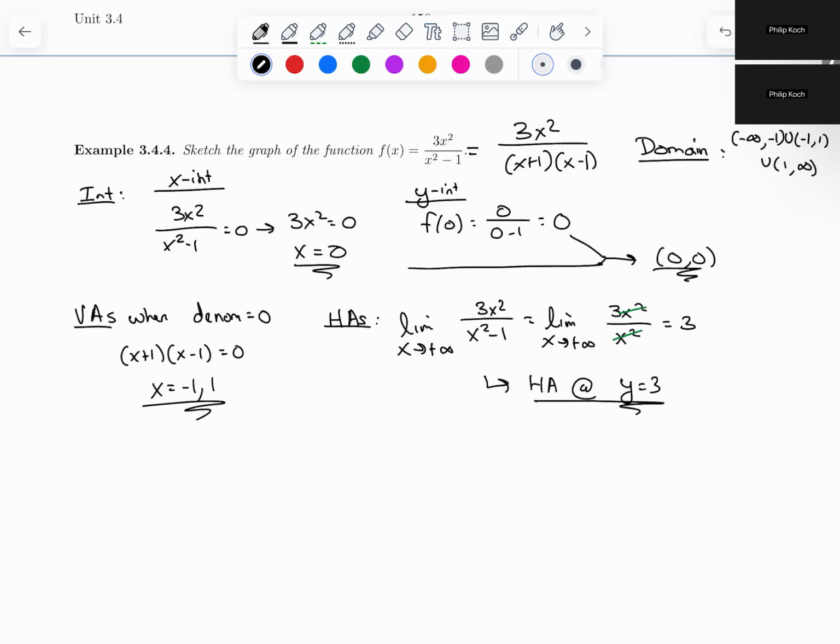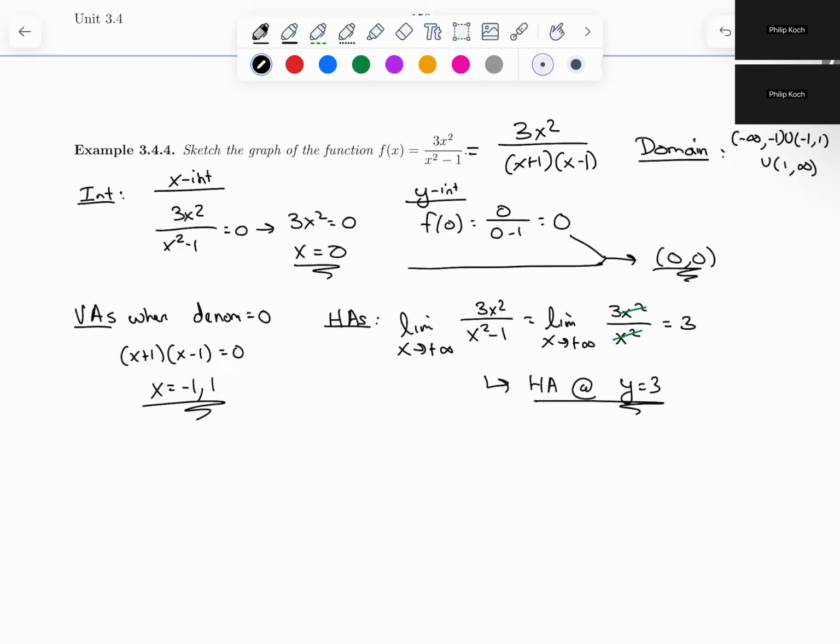Any questions so far? Technically speaking, I should also check the limit as x approaches negative infinity. But because this is a rational function, it's only going to ever have one horizontal asymptote. You can verify for yourself that the limit as x approaches negative infinity would be the exact same thing.